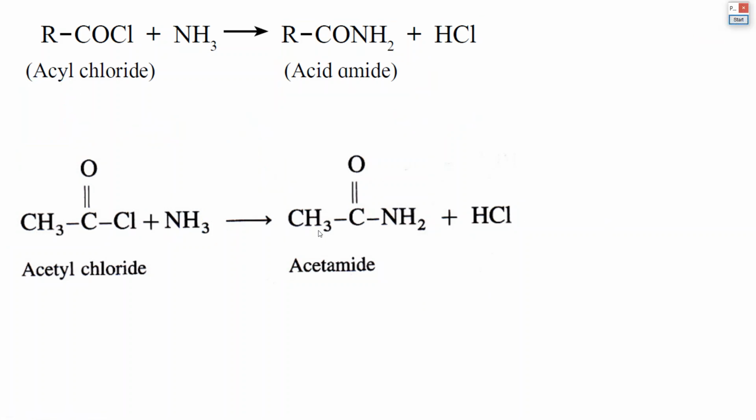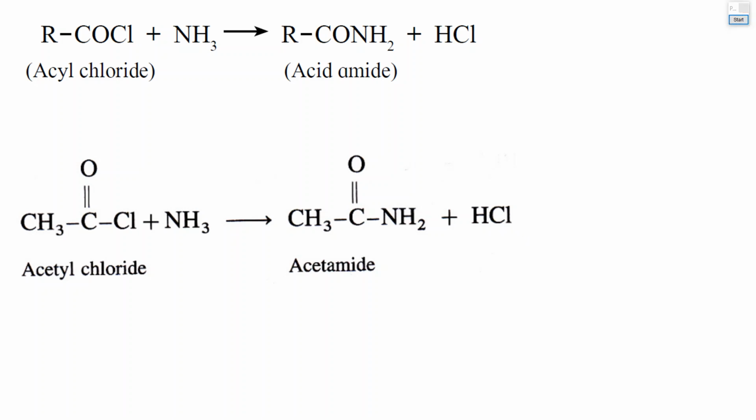Now the question on this reaction: how do you prepare acetamide from acetyl chloride, or convert acetyl chloride into acetamide, or what happens when acetyl chloride reacts with ammonia? The explanation of this reaction is like this. When acetyl chloride is treated with ammonia, it will give acetamide and hydrogen chloride.